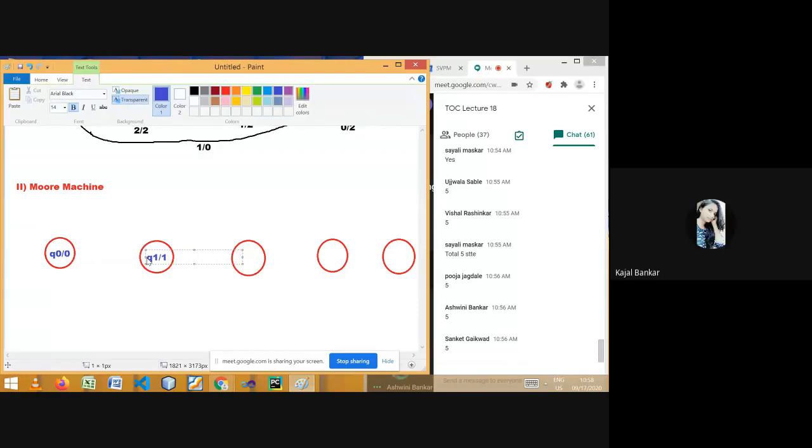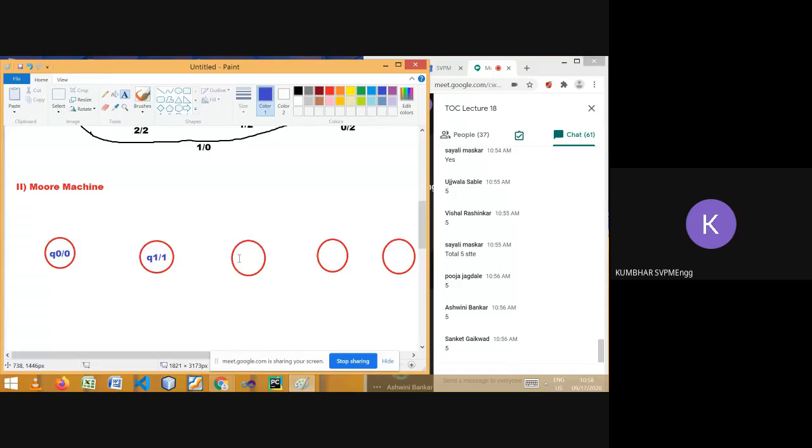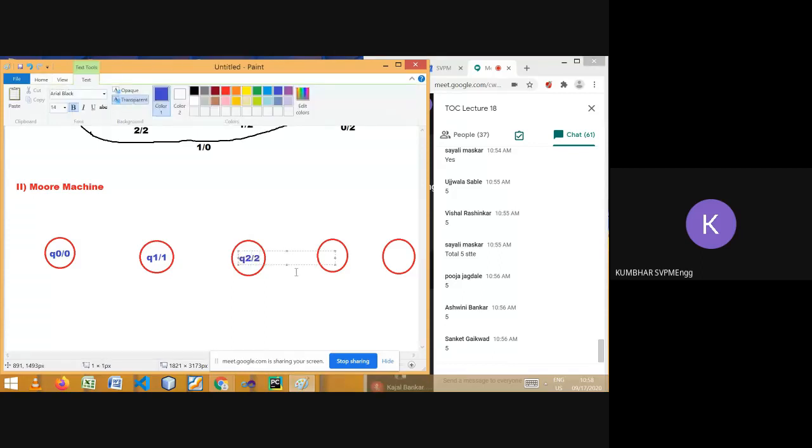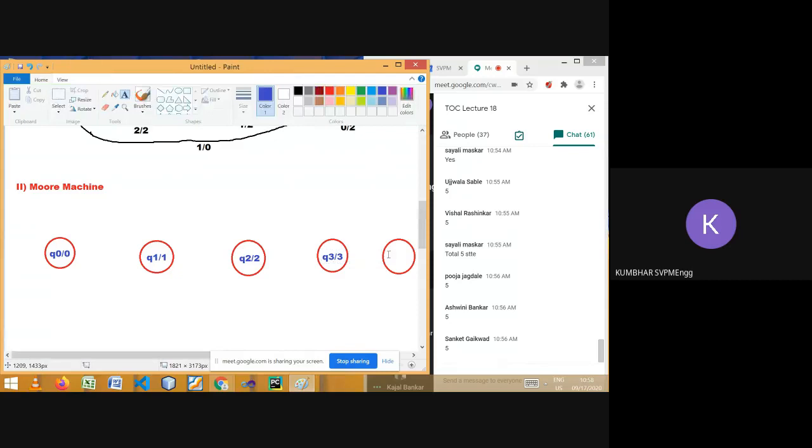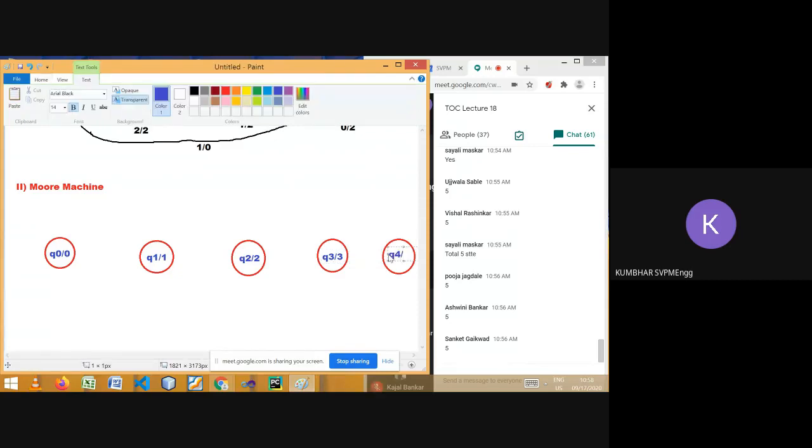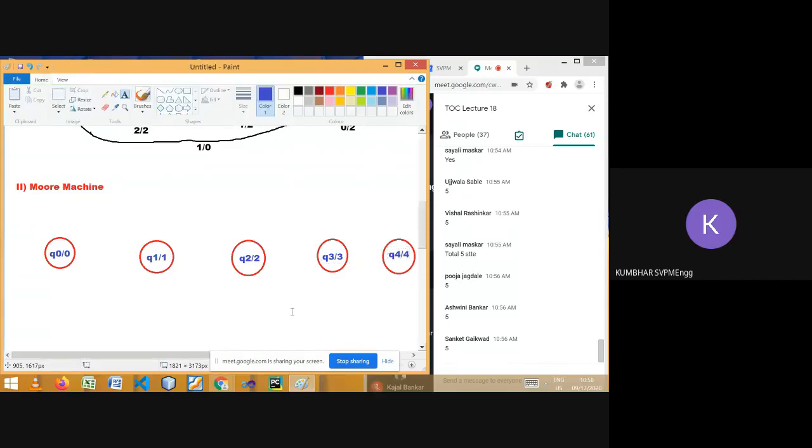Q2 gives the output 2. Q3 gives the output 3. And Q4 gives 4. Which will be the final state in this? No final state, because every state is giving the output.